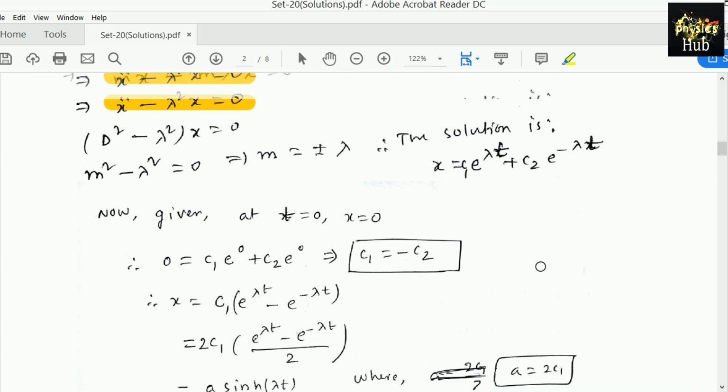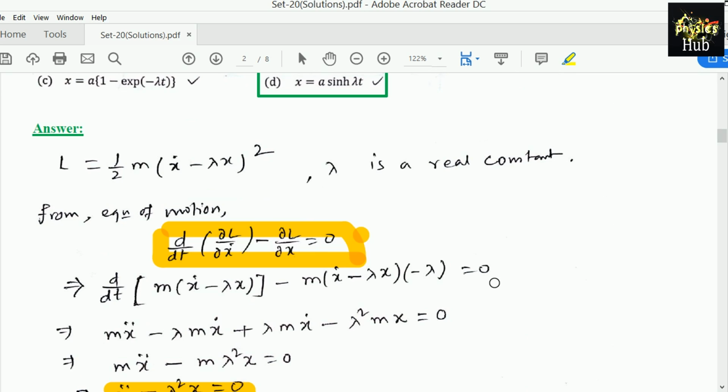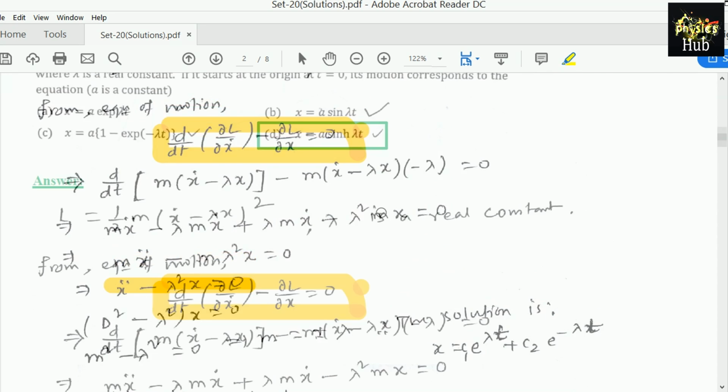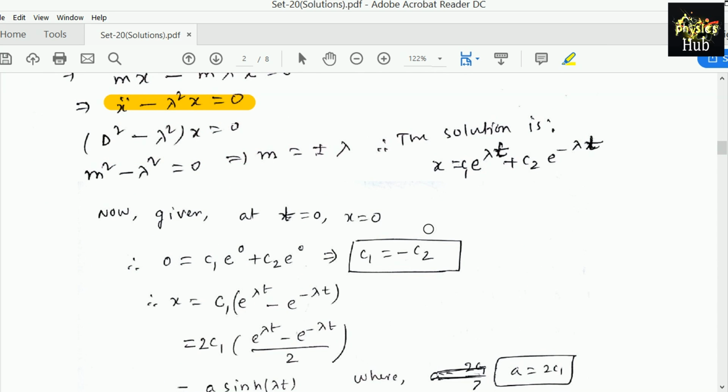Now c1 and c2 are two unknown constants, so we have to eliminate them, but only one condition is given. It starts at the origin at t equals 0, but if you look at the options, there is only one unknown, so in total we have to find only one unknown.